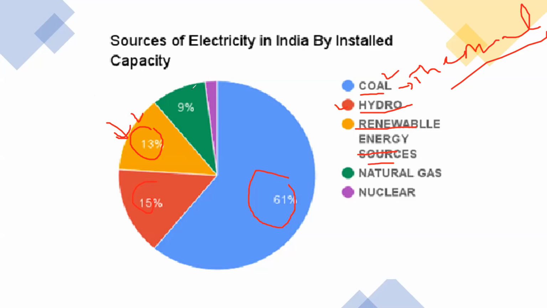After that we see some natural gases. In natural gases we see the biogas power plant. It's one of the best ways to produce electrical energy, and one of the most important advantages is that we can save our environment by using natural resources. One of the best examples is the biogas power plant. After that we see this nuclear power plant. Near about 3 to 5% of total energy is produced by the nuclear power plant.